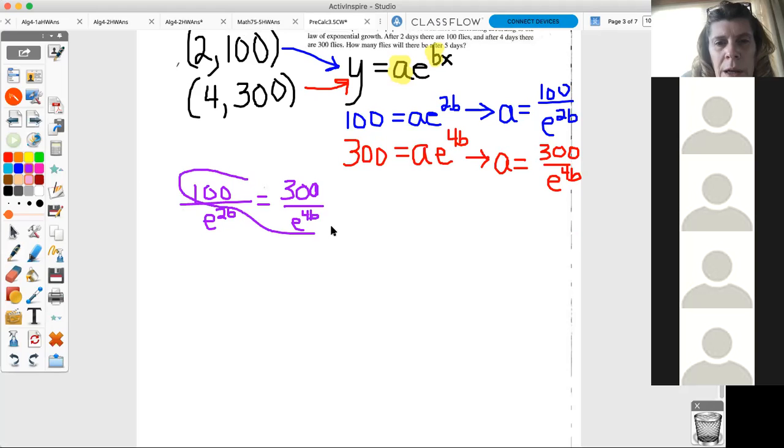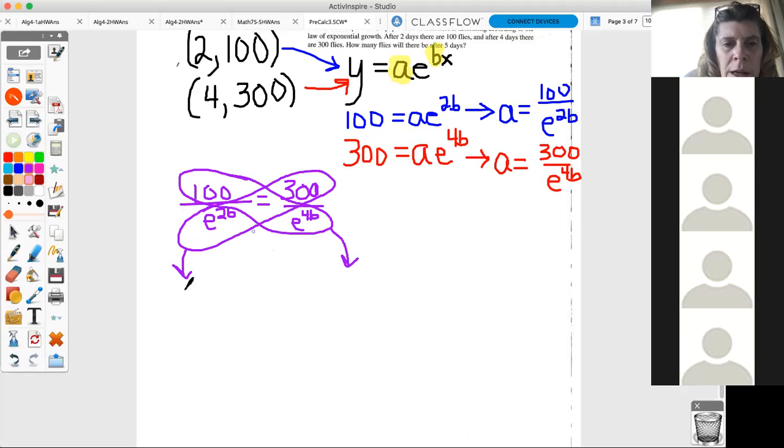Remember when we did cross multiplying because you had proportions? This multiplied together equals this multiplied together. So I can take 300 times e to the 2b, and that equals 100 e to the 4b.